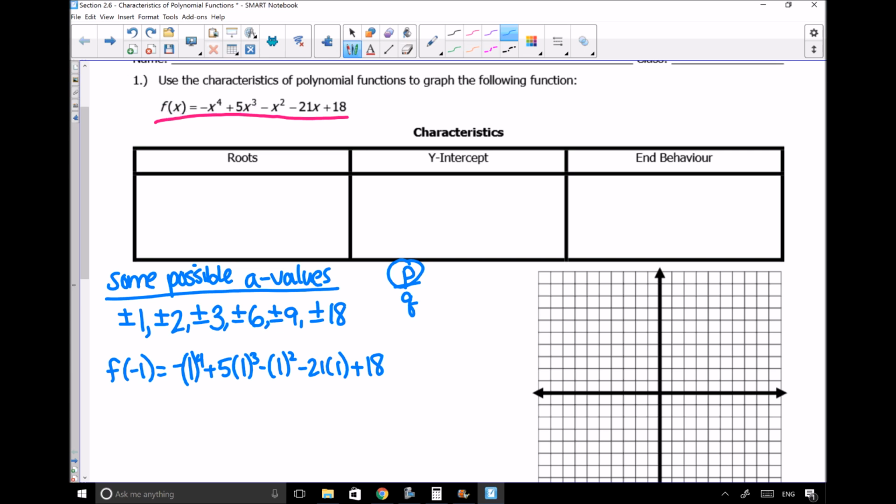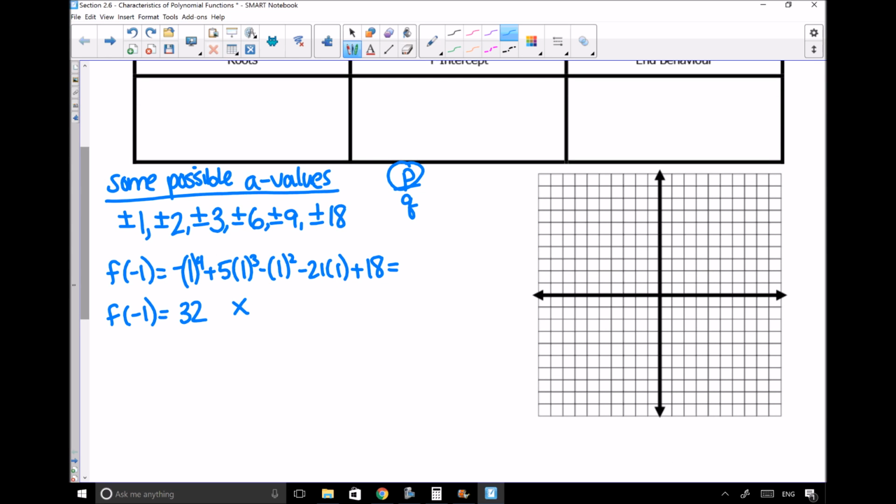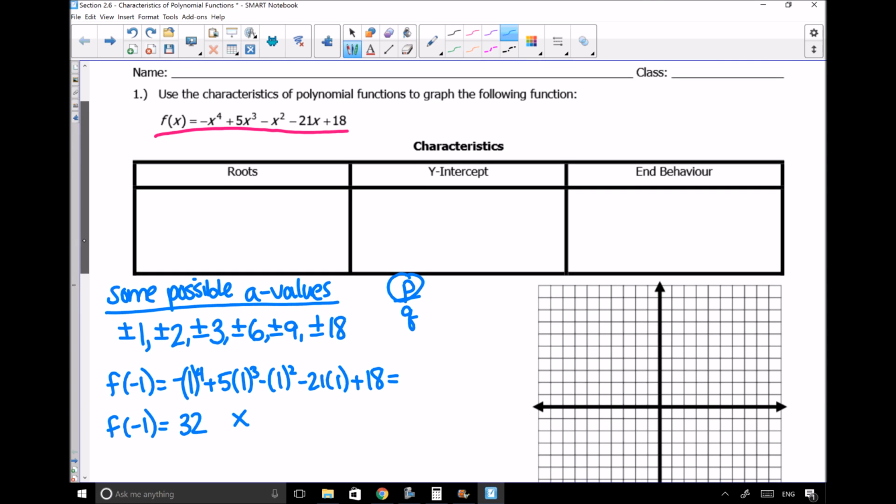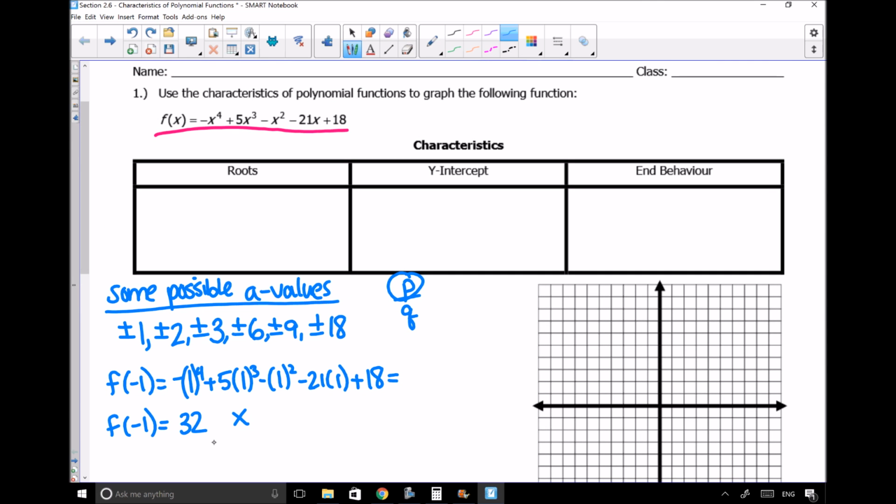Well, when I evaluate all that, I end up getting that f of -1 is equal to 32, which means that a cannot be -1. However, I am going to keep that as a possibility because I think that's going to help me out in the future because we're talking about graphing functions. So actually having a coordinate, I think, is going to help me out.